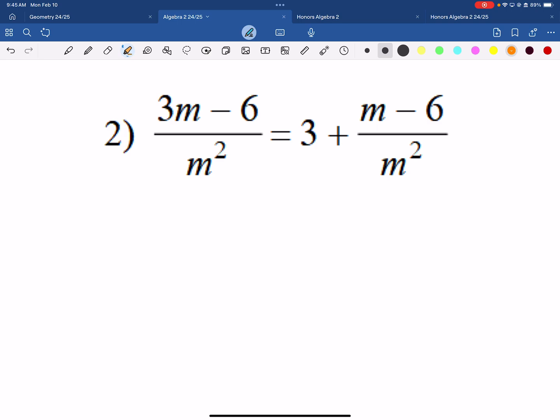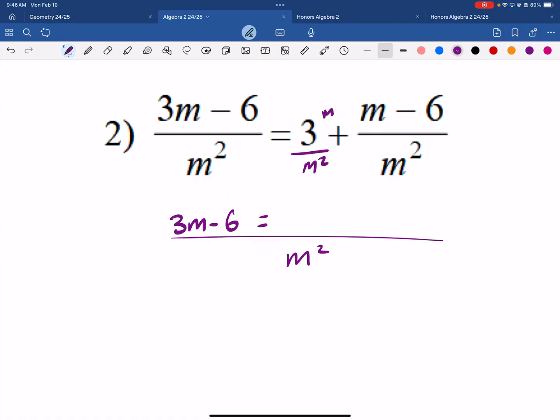All right, here we go. Common denominator is m squared. Don't have to do anything to the first one. So it's 3m minus 6 equals. We need m squared down here, so that means we need to multiply by m squared. 3m squared plus m minus 6. Look good?